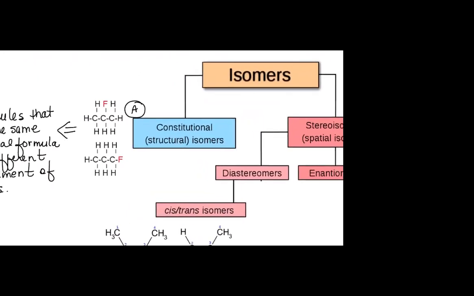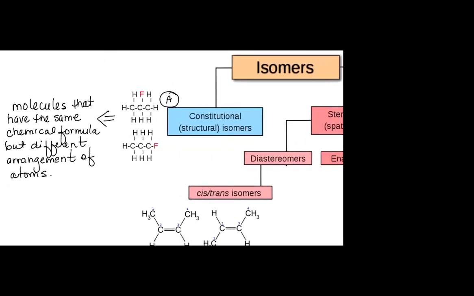So when we look at, for example, what we have here in the two examples, we are comparing the molecule on the top and the molecule on the bottom, okay? So the molecule on the top is going to be 2-fluoropropane. The molecule on the bottom is 1-fluoropropane. When we look at the chemical formulas for both of them, okay, they are going to be C3H7F.